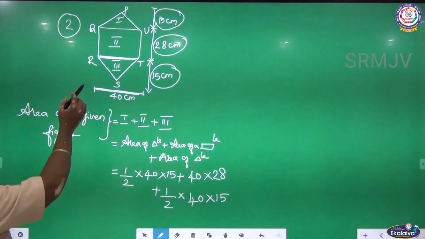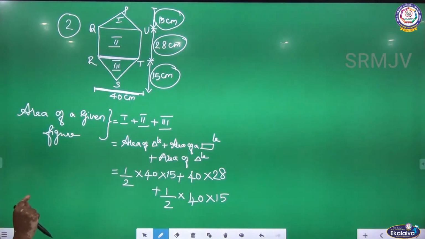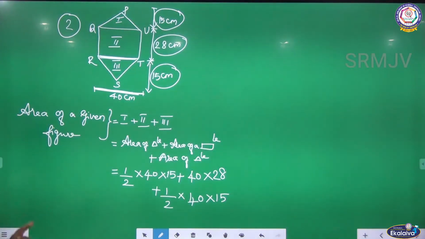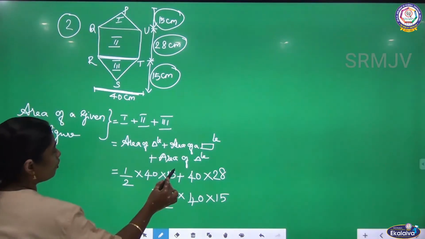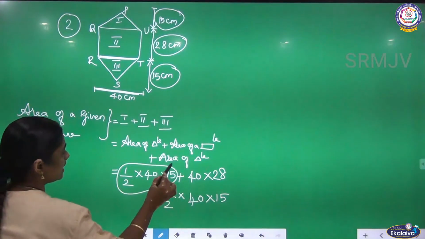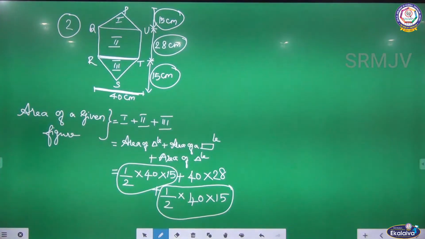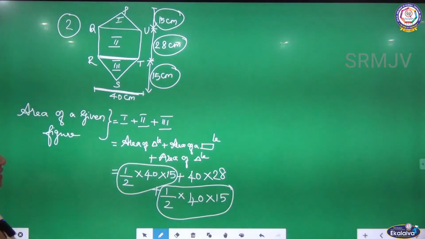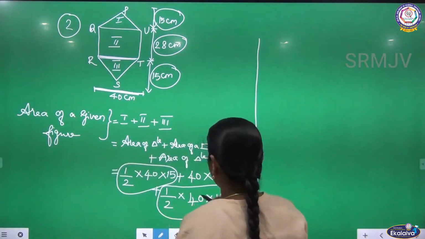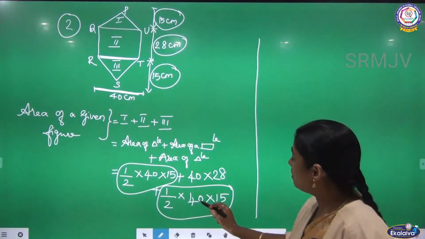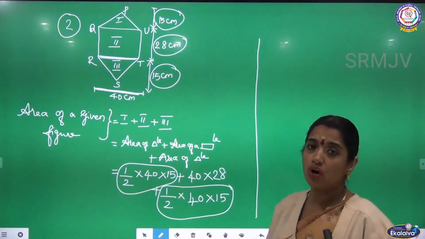Can you clear this? So in my triangles, both the bases and both the heights are what? Same. So I can write like this. See, this is one triangle, again one more triangle. So two triangles, the measurements of the base and the height are the same.